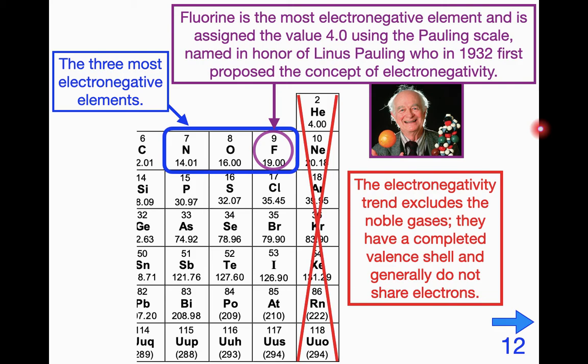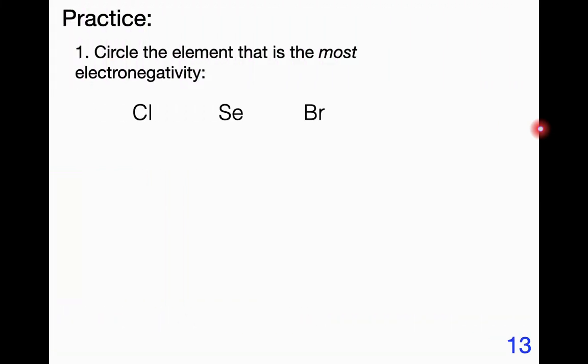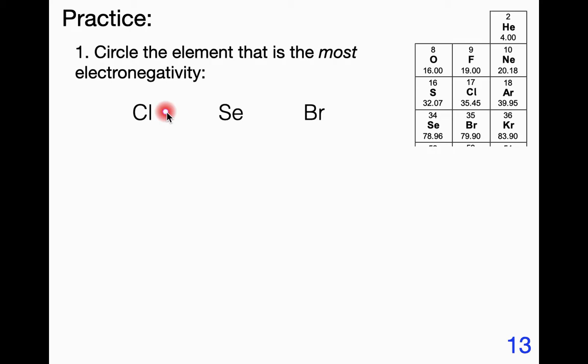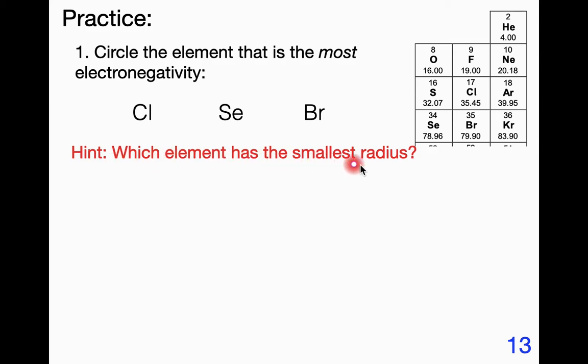Okay, let's do some practice. Circle the element that is the most electronegative. So again, we want to find the elements on the periodic table. We used these three before when we talked about ionization energy: chlorine, selenium, bromine. A hint: which element has the smallest radius? Well, chlorine, remember, is the smallest.